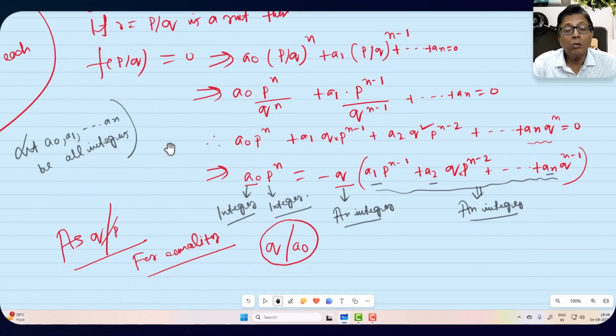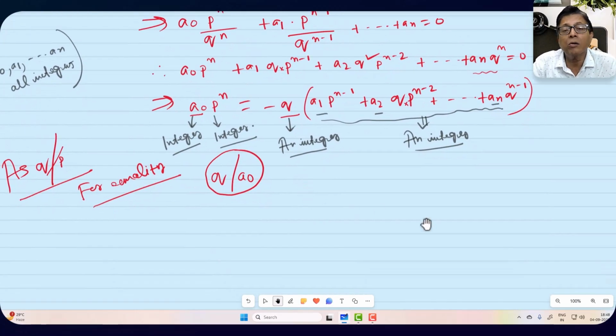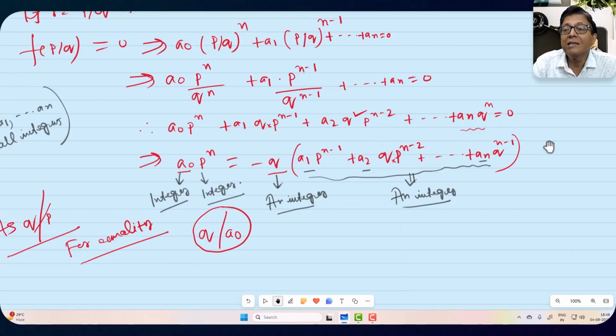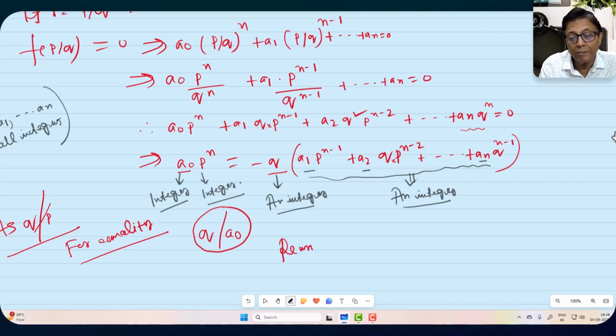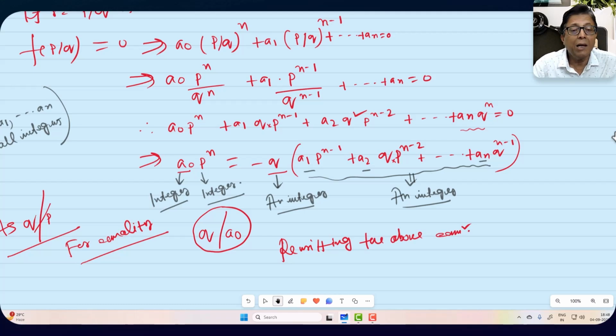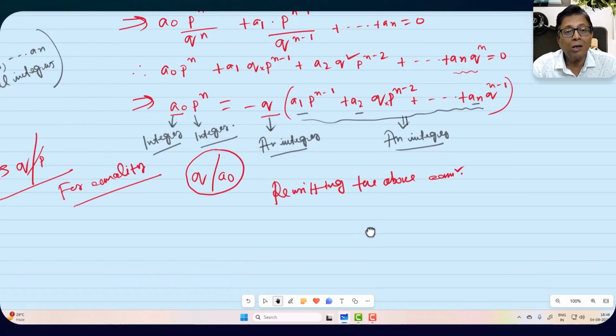Okay. Now let's decide about p. See, in this expression only, rewriting the above equation, what will I get if we rewrite?